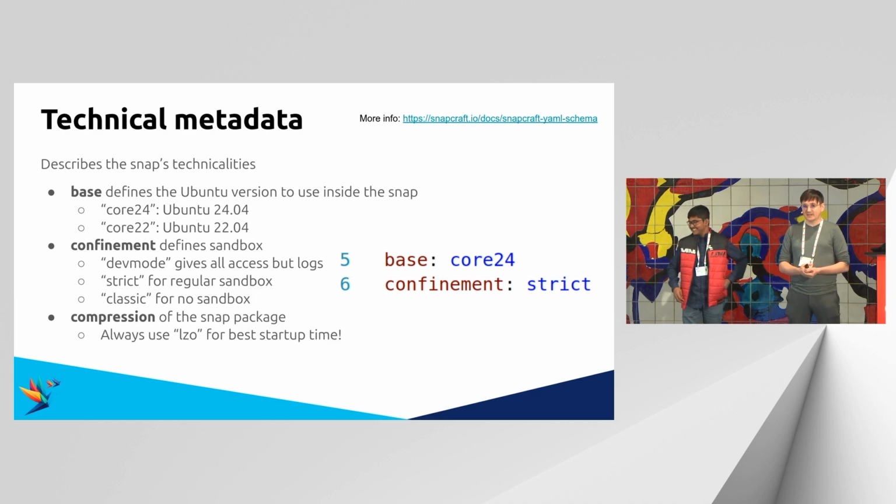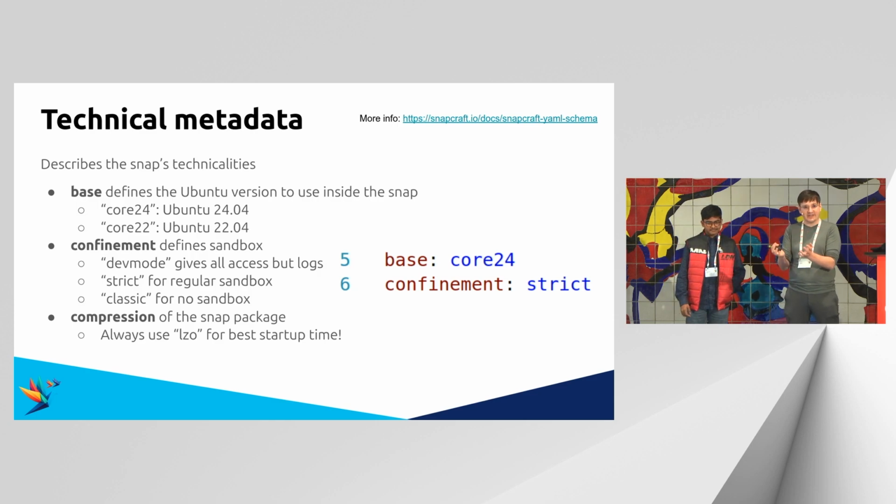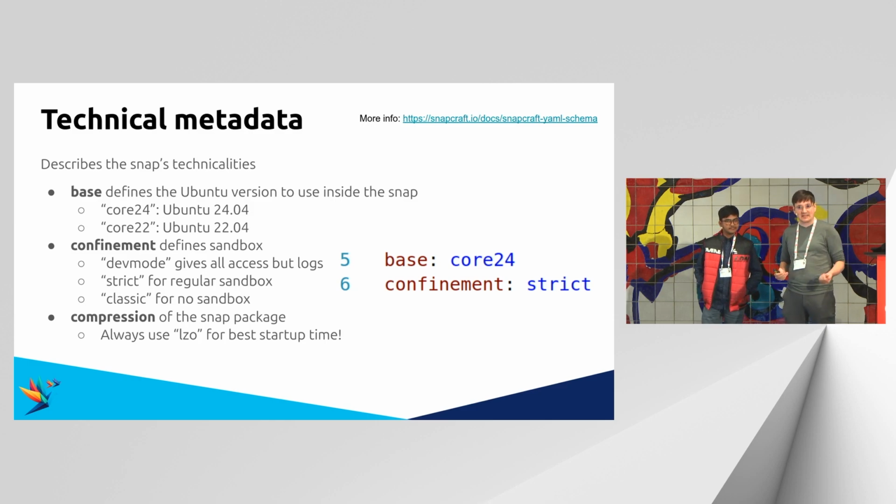Very similar to Docker containers, a snap is also a container, and inside of that container is a certain Ubuntu version. The base is basically the base Ubuntu version that's inside of this container. For example, if you have an application that uses older libraries that works best on Ubuntu 18.04, well then you can just start from core18, that's Ubuntu 18.04, inside of the snap.